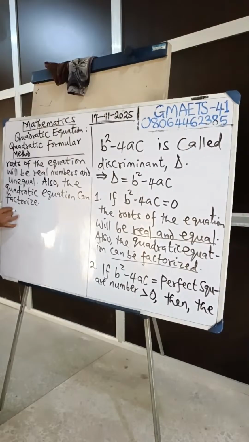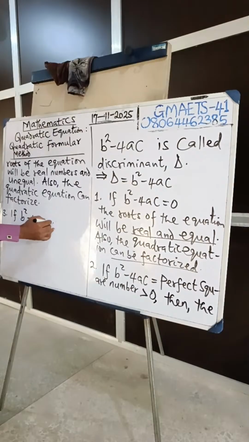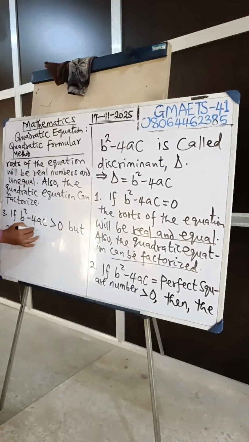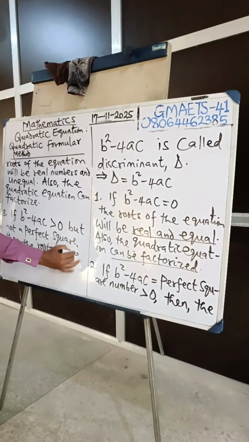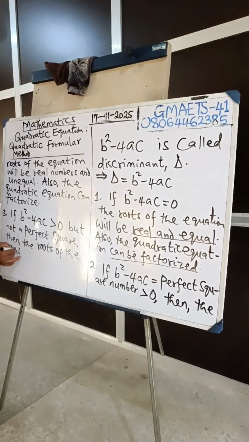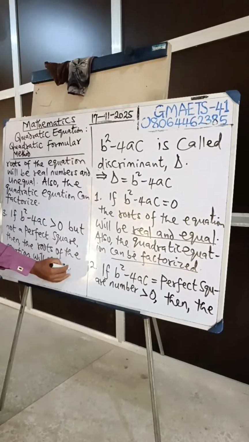Point number 3. If b squared minus 4ac is greater than 0, but not a perfect square, then the roots of the equation will be real and unequal.